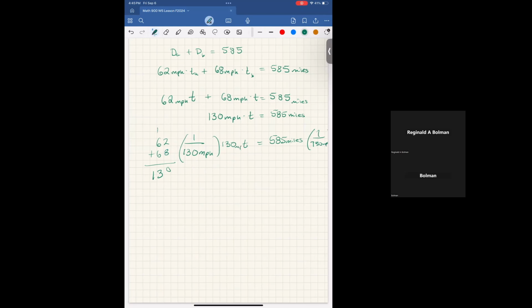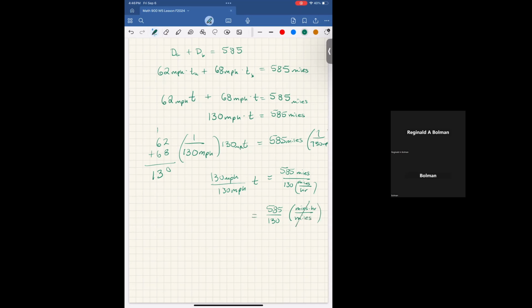What's going to happen is you'll have 130 miles per hour over 130 miles per hour times t is equal to 585 miles divided by 130 miles per hour. And then what will happen in the bottom division is that you have to flip the fraction. So you will have 585 divided by 130, and you will get miles per hour over miles.